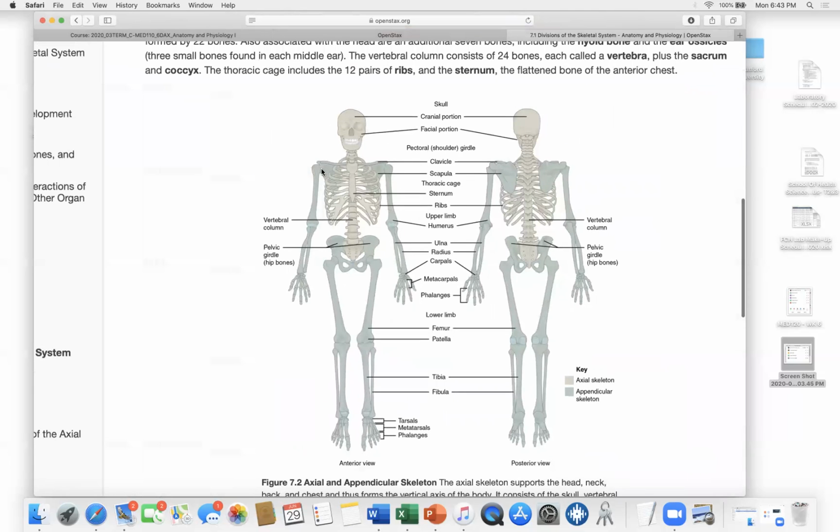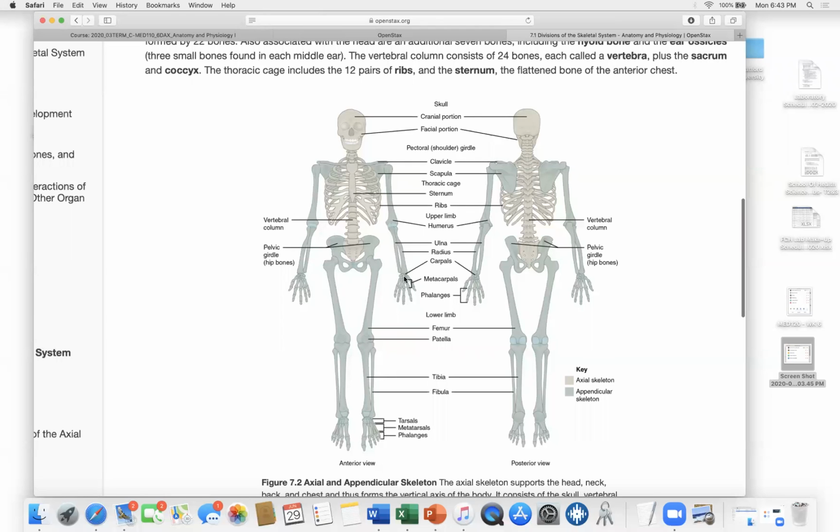The appendicular skeletal system is this light green. That's your appendages. So that's your shoulder girdle, which is made up of your scapula and your clavicle right here, or your collarbone. And then, of course, your humerus, and then the rest of your arms.